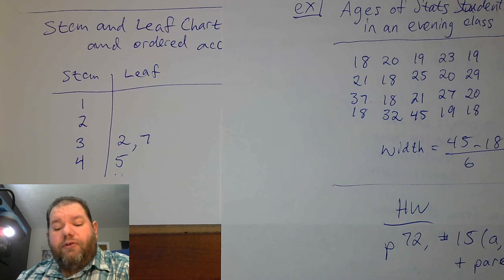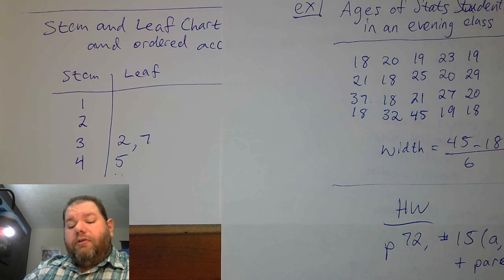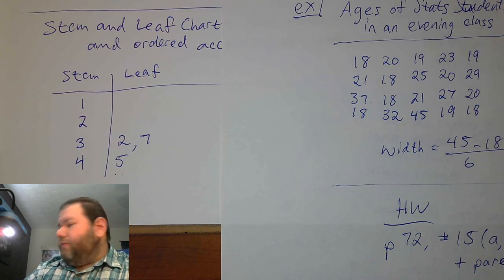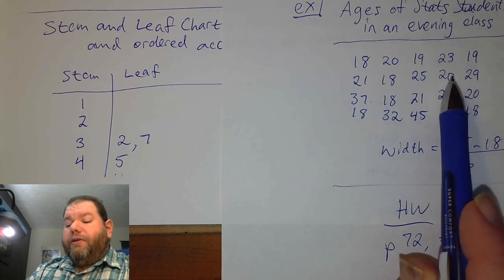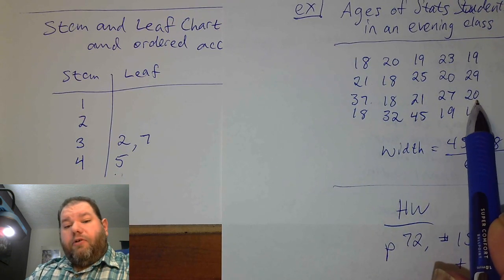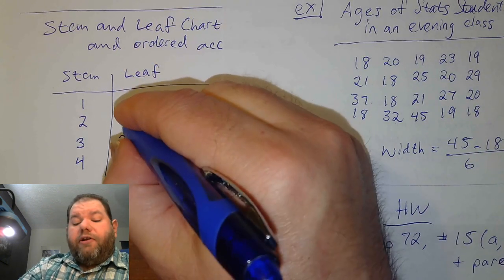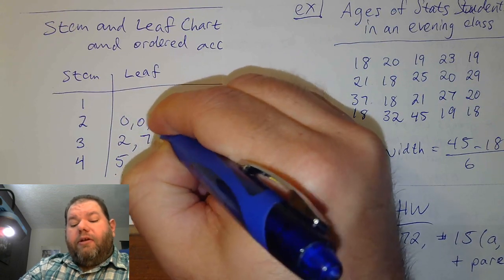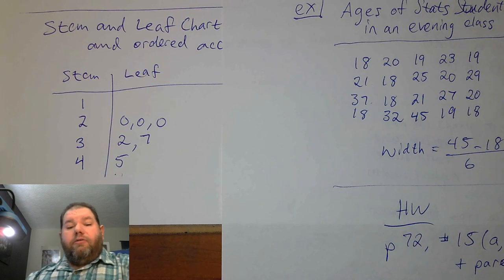What would be the first terms that we use for the leaves for the 20-year-olds? 0? Mm-hmm. Now, one of the things specific to the stem and leaf chart is that because we have 3 different people in this data that are exactly 20 years old, we'll actually write down the 0 3 times. That didn't really come up before in the previous examples, but that's what we can use there.